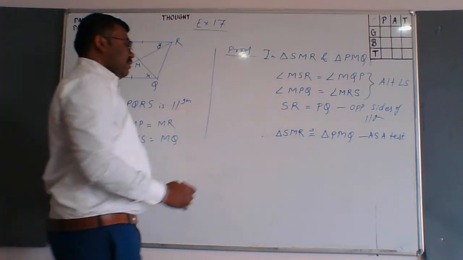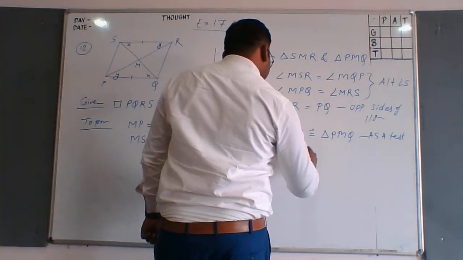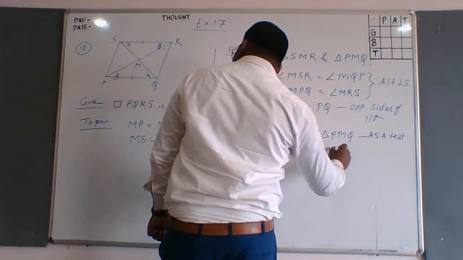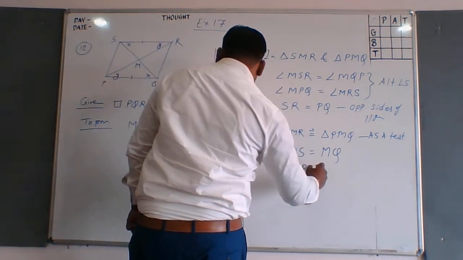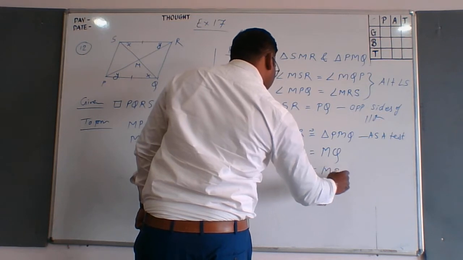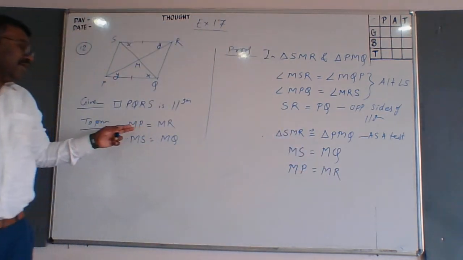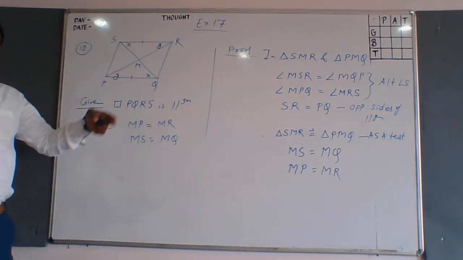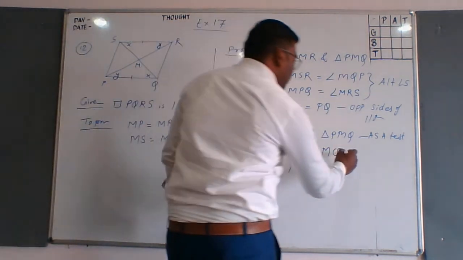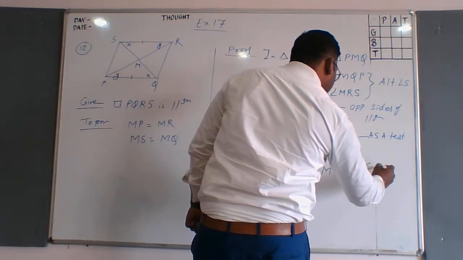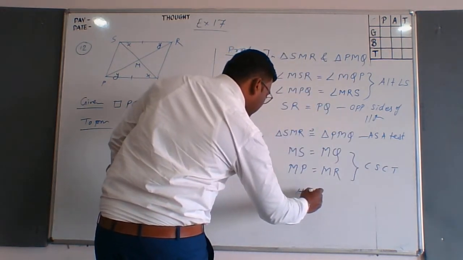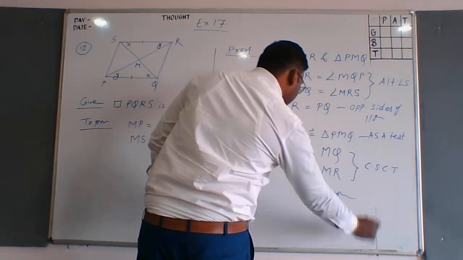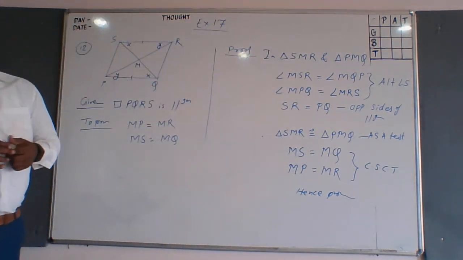MS equals MQ, and also MP equals MR. The same thing we had to prove over there. Okay. So it is proved by corresponding sides of congruent triangles. Okay, hence proved. All of you understood this question?